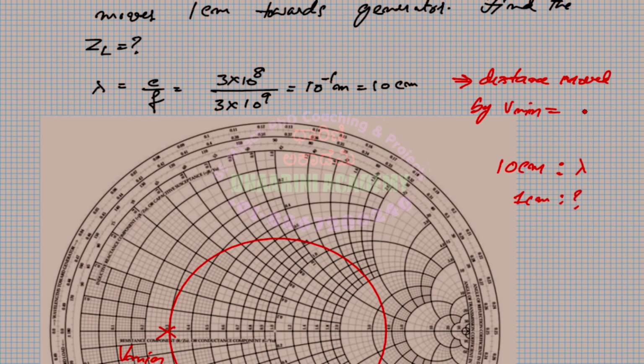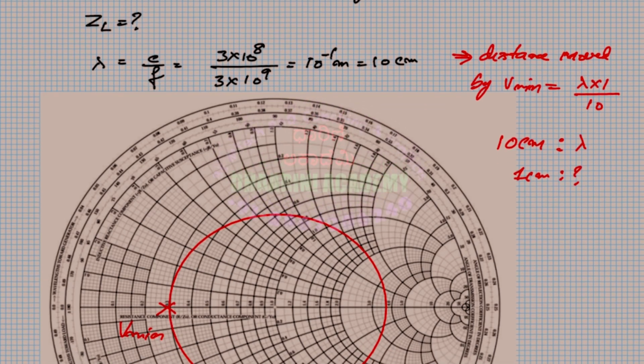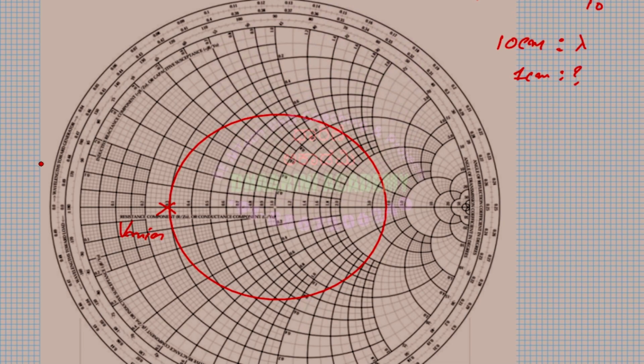So this is lambda into 1 divided by 10. So it is actually lambda by 10. So V min moves by lambda by 10, and they say that it is moving towards the generator, correct? So I have to move 0.1 towards the generator, that is clockwise.